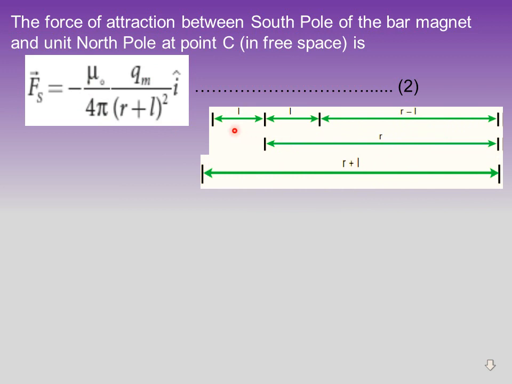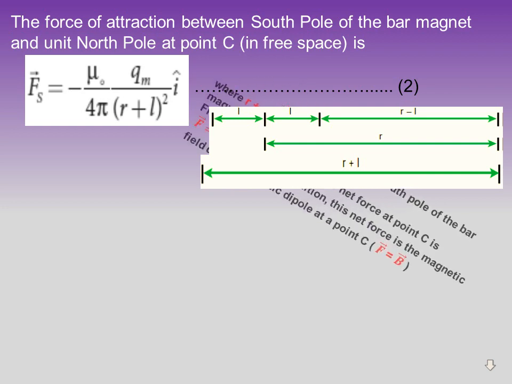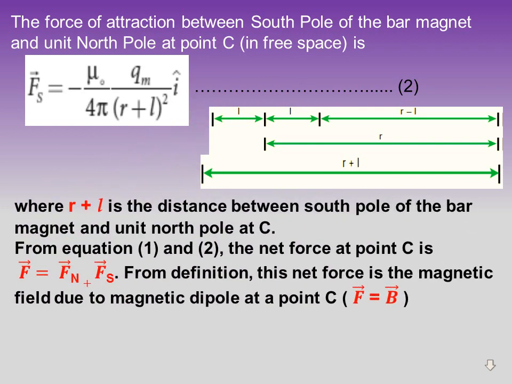This is the length between S and the midpoint O, and this is the distance between the north pole and C. This is the total distance from O to C, and this is the total distance from the south pole to the point C, where r plus l is the distance between the south pole of the bar magnet and the unit north pole at C. That means we calculate this length from C to O and then S to O. This is r plus l.